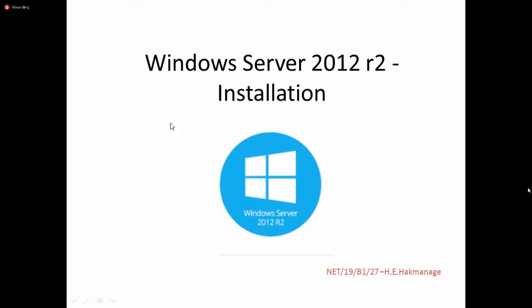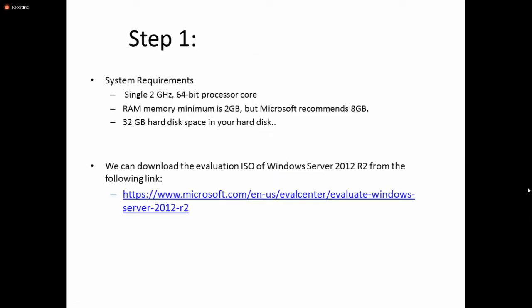Good morning, all of you. My name is Oscar. I'm going to explain how to install Windows Server 2012 R2. First, let's see what are the system requirements for installing this OS.